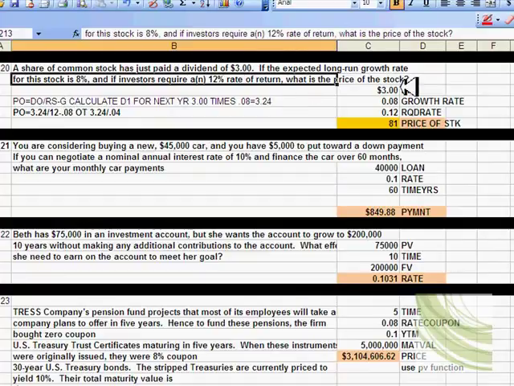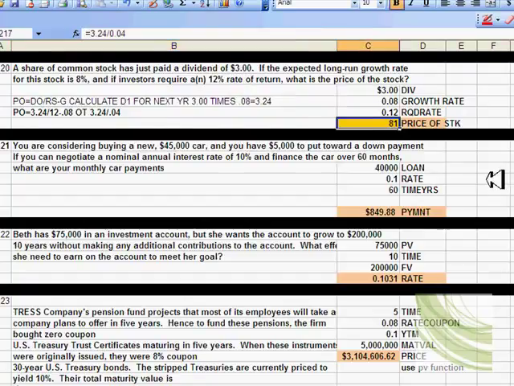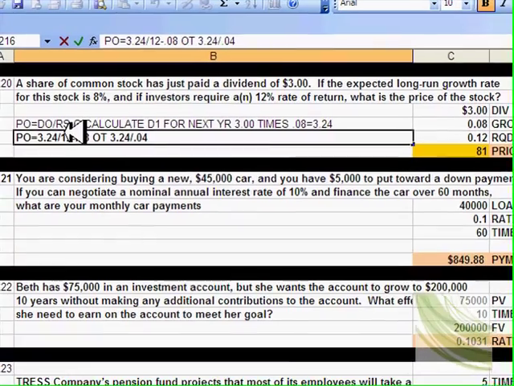We know the dividend was $3. It's growing at 8%, so the next year's dividend, D1, is 3.24. So this is 3.24 divided by the 12% return that we want minus the 8%, which equals 0.04. So when you do the calculation, the price of the stock would be $81. Okay, and this should be 0.12.